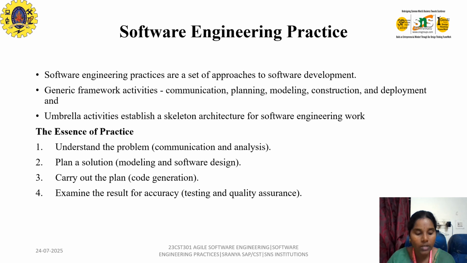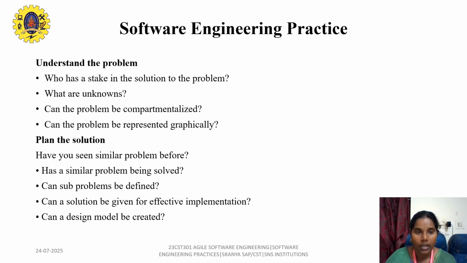The third question is, can the problem be computerized, and is it possible to represent smaller problems that may be easier to understand. And the final one is, can the problem be represented graphically, and can an analysis model be created.